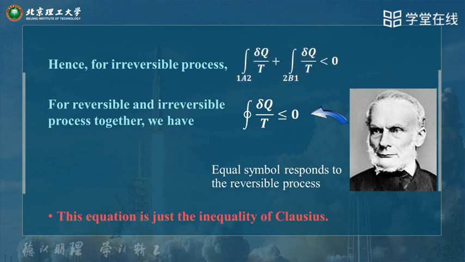So for an irreversible process, this sum is smaller than 0. If it is a reversible process, it just equals 0.